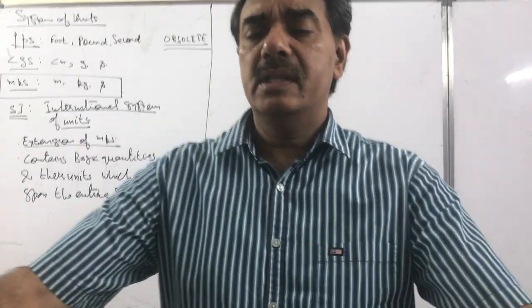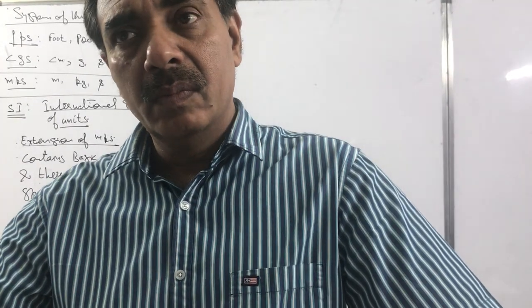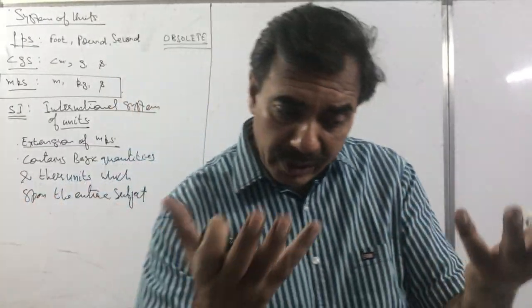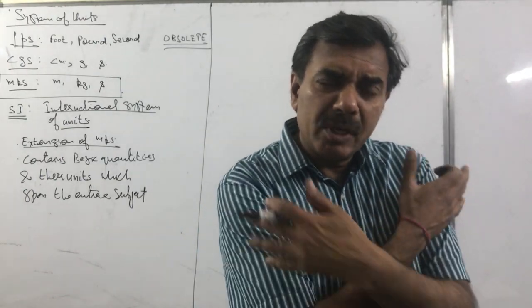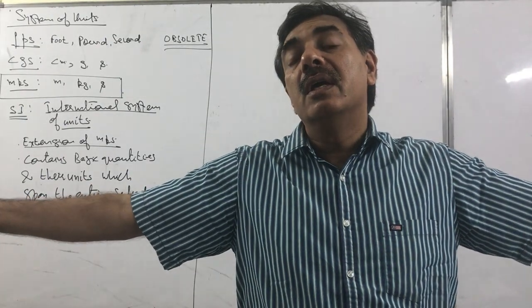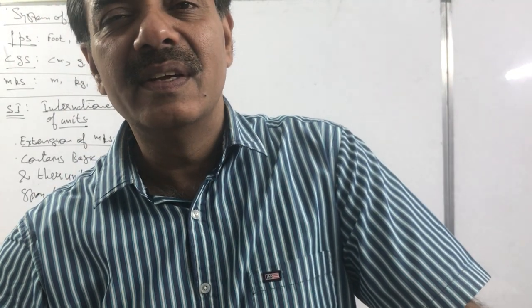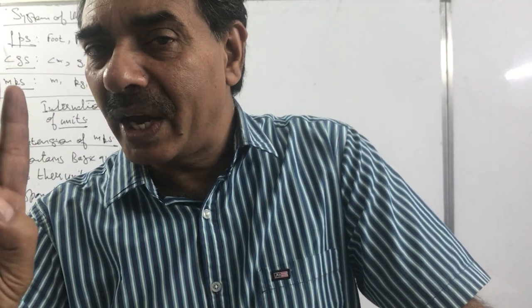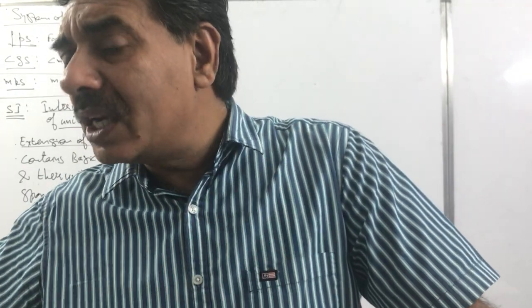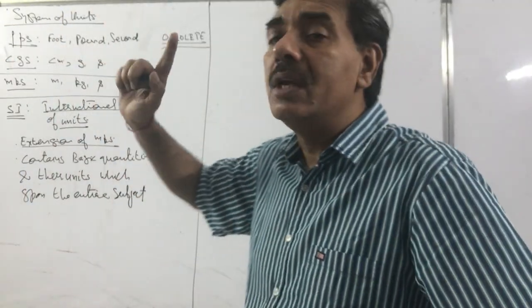We have 7 such quantities. It's really so wonderful that we can express any quantity in the subject just in terms of these 7 quantities. 3 are used for mechanics, and all 7 combined together cover any quantity in the subject.